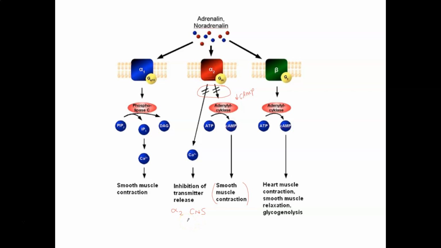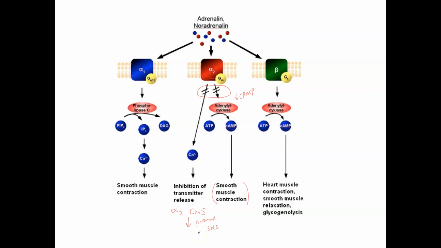So there are alpha 2 medications that affect the central nervous system and can be used to lower blood pressure throughout the body because they decrease overall sympathetic nervous system activity.